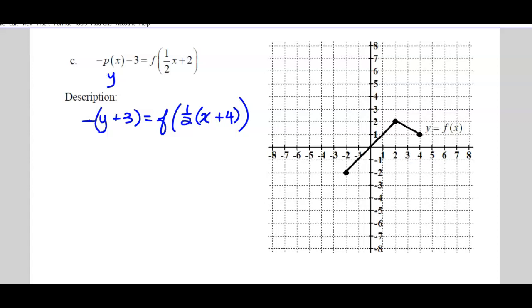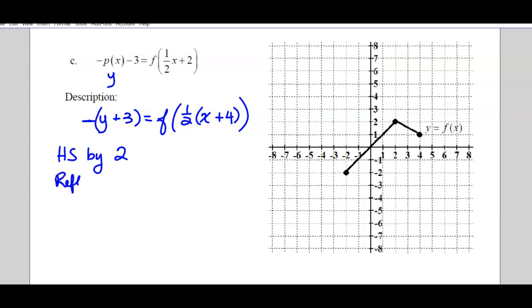Now it's in transformation form. I'm not going to bother solving for y. Don't need to. Okay. Vertical stretch, there isn't one. That's just a negative 1, right? Horizontal stretch, there is, by the reciprocal of a half, which is 2.